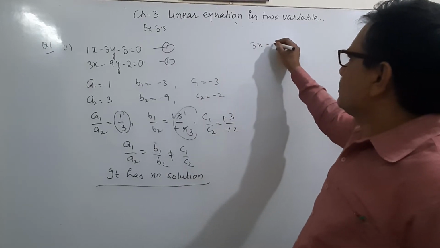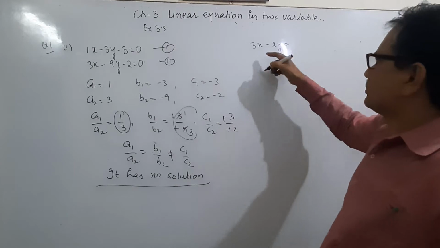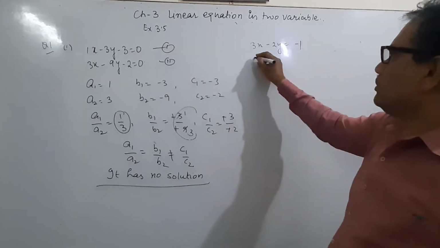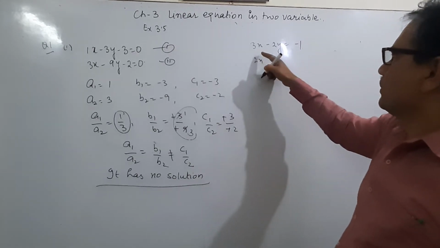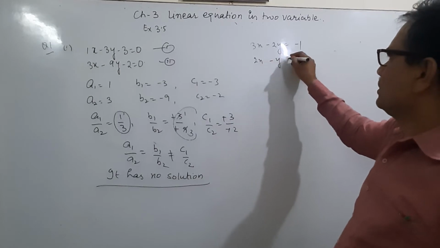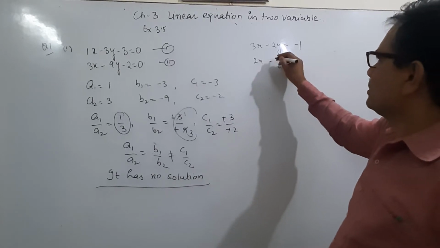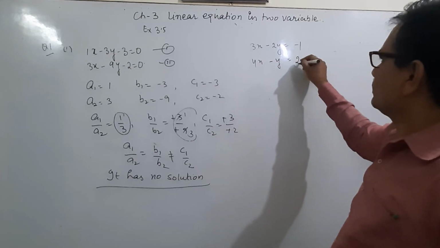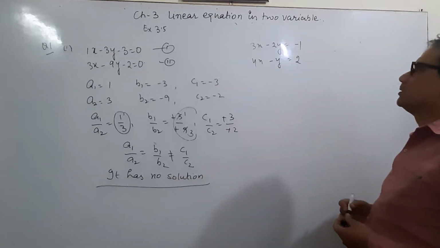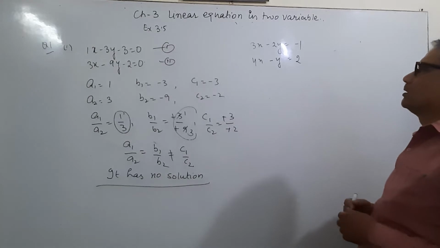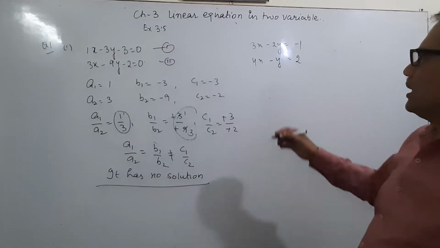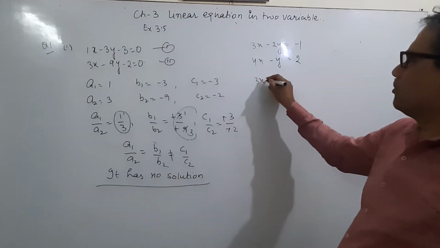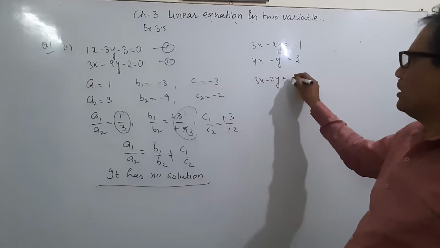3x minus 2y is equal to minus 1 and 4x minus y is equal to 2. And now what do we do? 3x minus 2y plus 1 equal to 0.